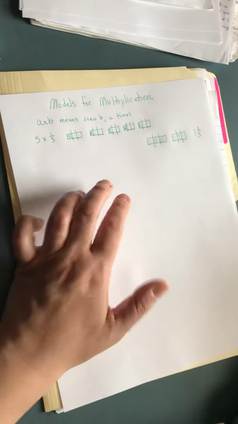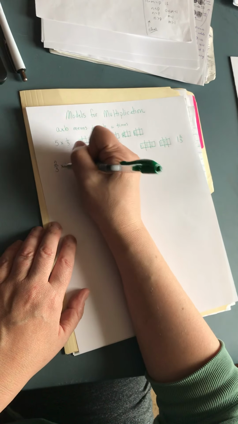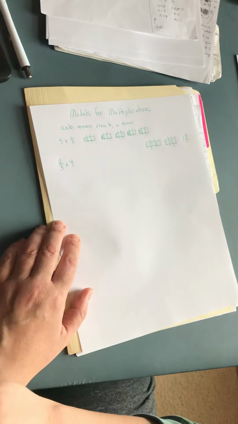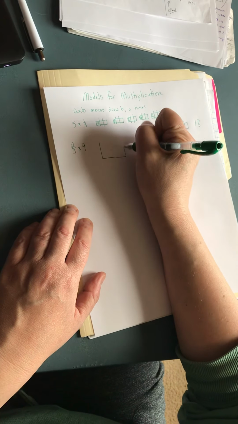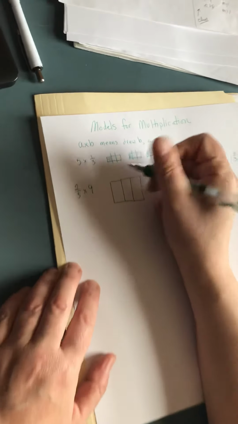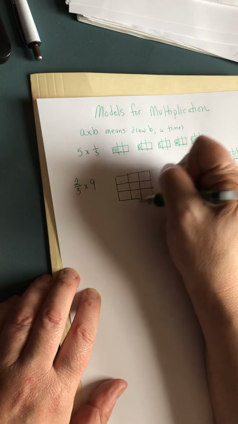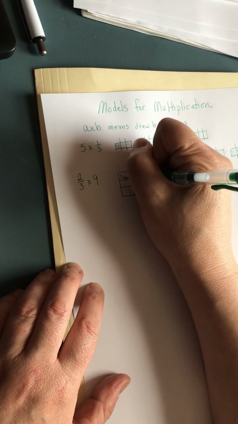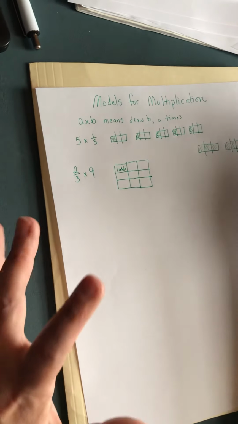If I wanted to show a model for, say, 2/3 times 9, I would draw 9 of something. So if I drew a diagram like this, this models 9, which means that this is one whole. Again, I have to distinguish what the whole is in the problem.